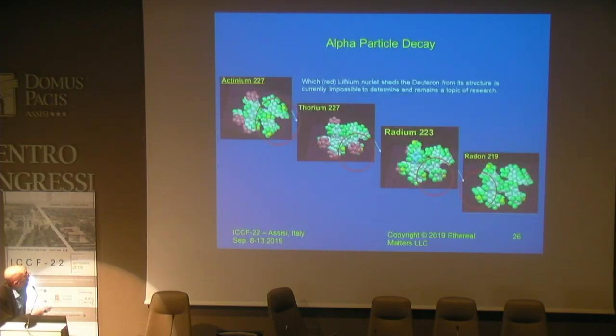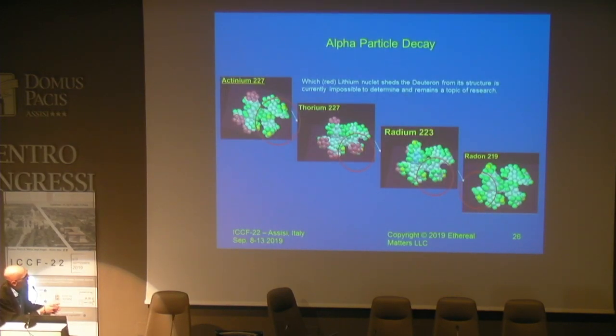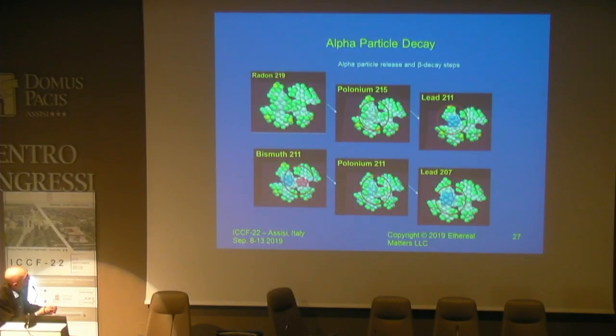Then we get the next phase, actinium-227, thorium-227, radium-223, radon-219, polonium-215, lead-211, and then two beta minus decay steps again, and then a final alpha particle release shedding to lead-207, which completes the cycle and is now stable again.